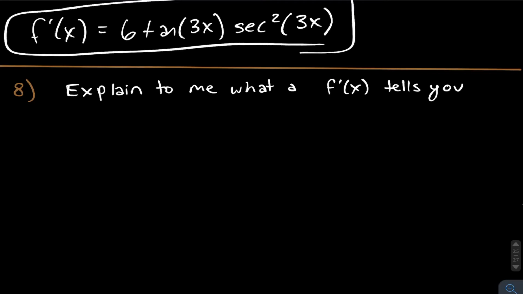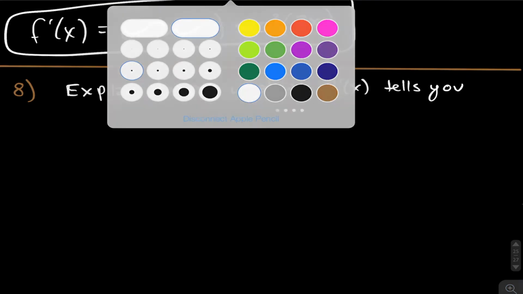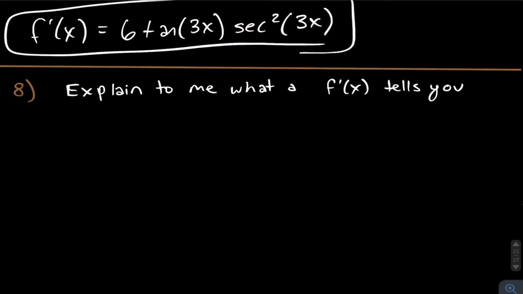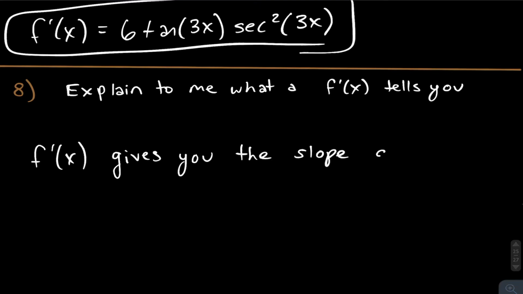So here is what f prime of x tells you, assuming that you've already thought of it. f prime of x gives you the slope of f of x at any x value.